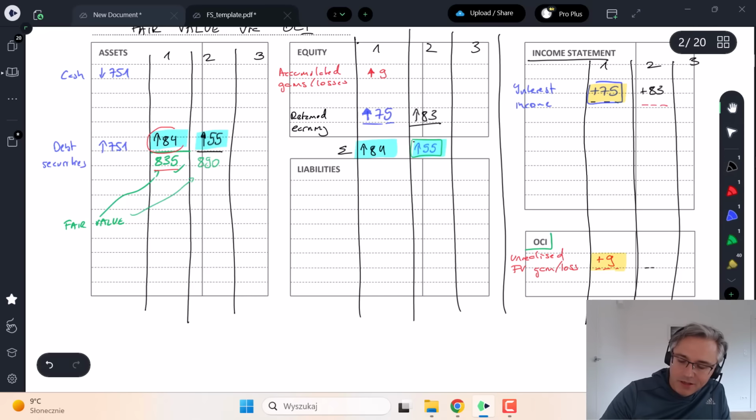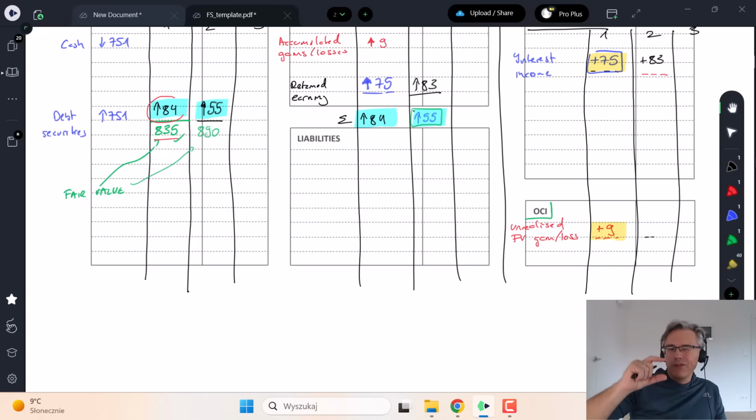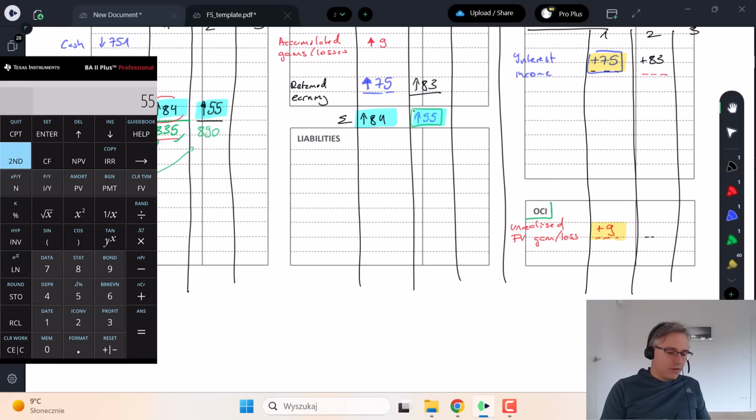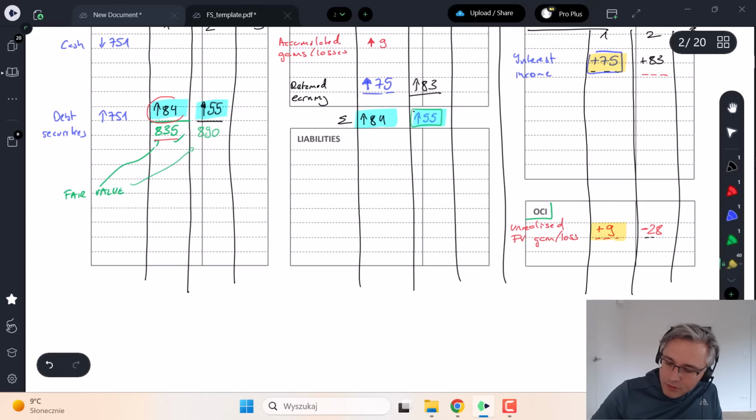So this time around, our OCI has to absorb the difference, but it's going to be a negative difference. We need to go from 83 down to 55, which, well, let's see, 83 minus 55 is a net difference of minus 28. Okay, this is what we will take to OCI.